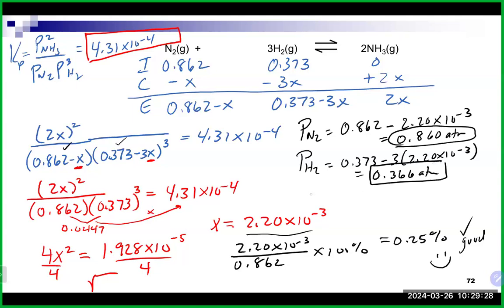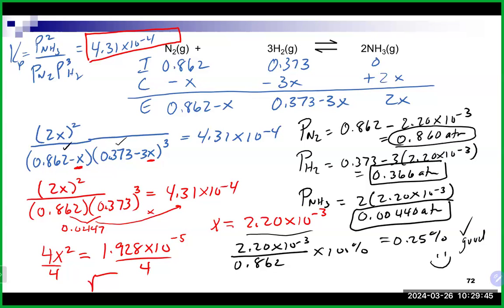And lastly, the pressure of NH3 is going to be 2 times 2.2 times 10 to the minus 3, which gives us 0.0044 atmospheres in this particular case. Any questions on that particular one there?